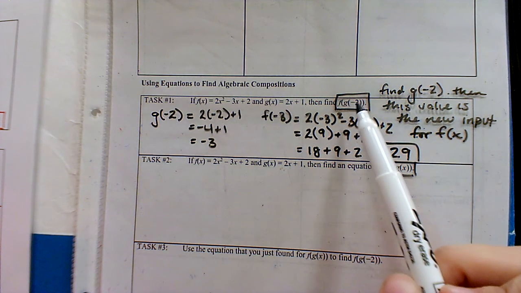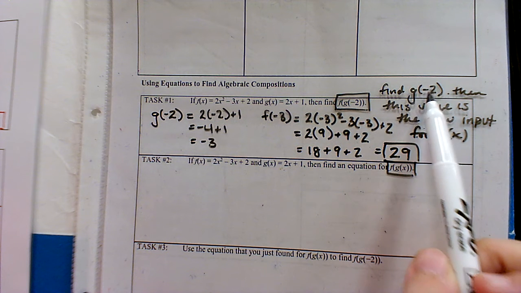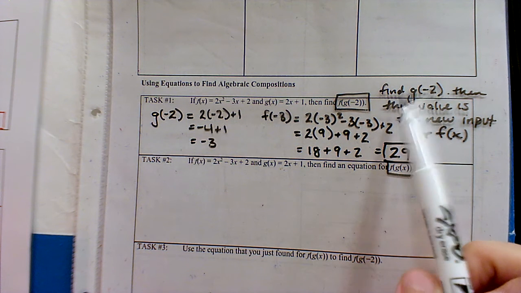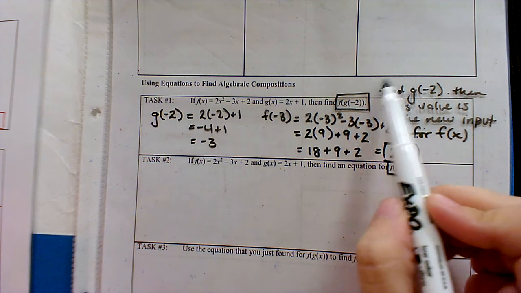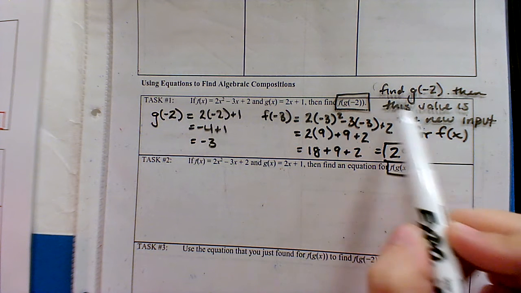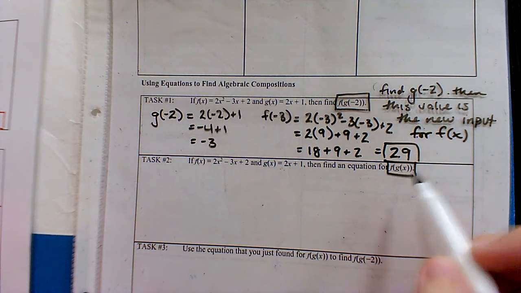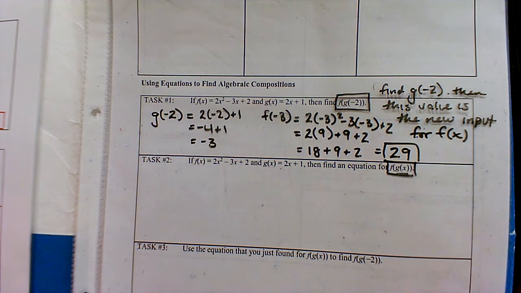Okay, so the same idea here. Notice how we had to plug in -2 into the g, but we don't really have a number to plug in this case. So we don't really have to do this step, okay? But we do still have the g equation inside the f. Can you see how that's written?